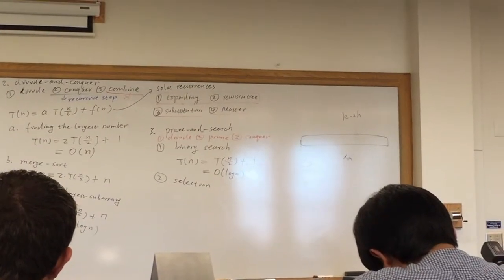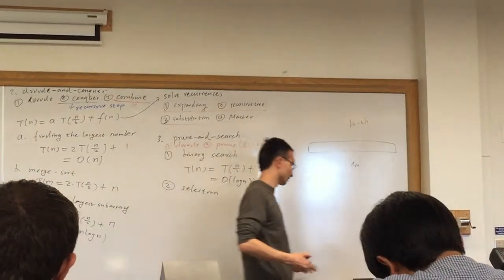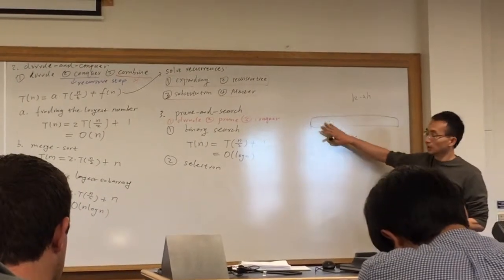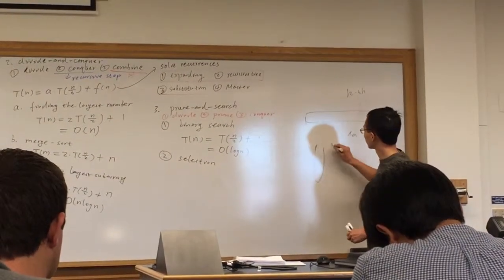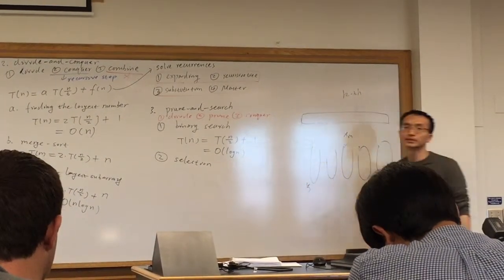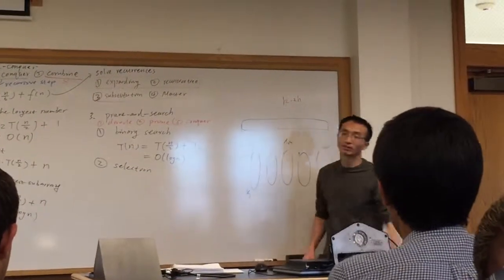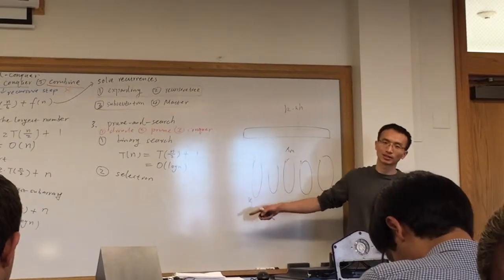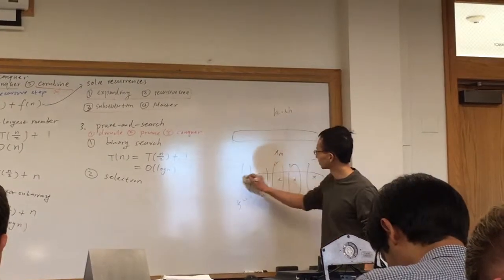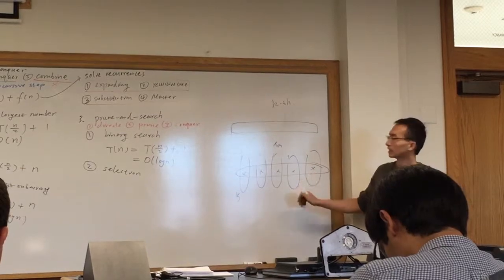But because we do not know how to find the median, we use another recursive step, namely we form the array into groups of 5. The size of each group is 5. Of course, the assignment asks you whether 7 works. So 7 is okay, 9 is okay. And then we pick the median of each group, and then we call the algorithm recursively on the medians.